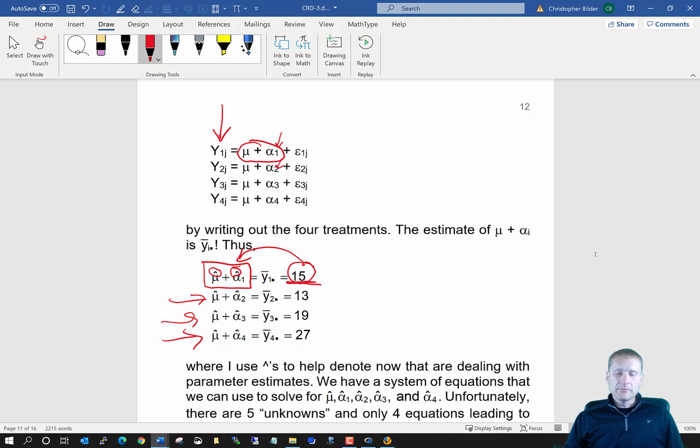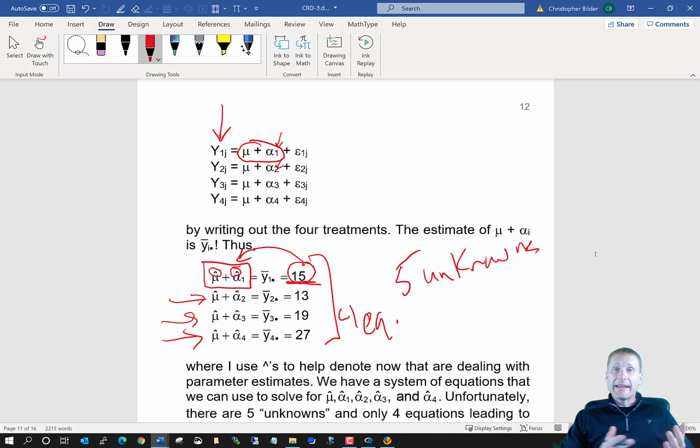We have 5 unknowns here: mu plus the 4 alphas. And we only have 4 equations. What you learned in an algebra class is that you have an infinite number of possibilities for what these 5 unknowns would be.